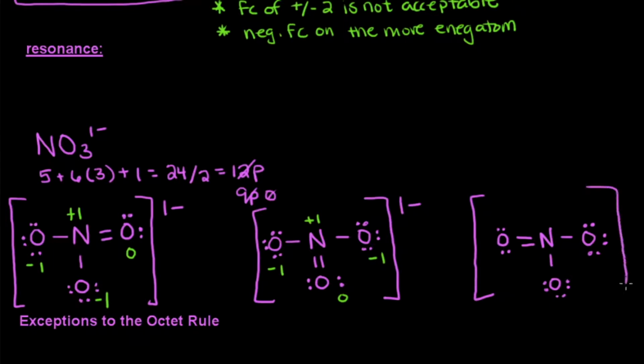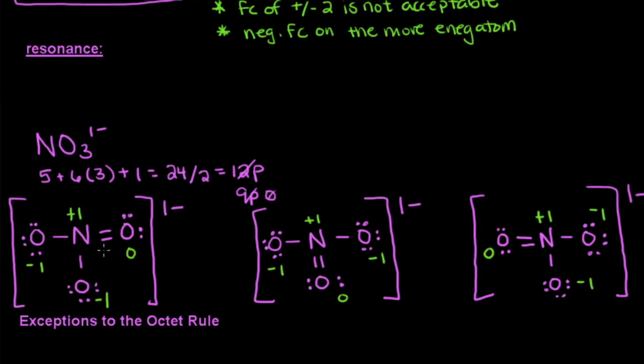Okay, my brackets and my charge. And finally, my formal charge. 0, +1, -1, -1. Here's the deal. The reason why we had to draw all 3 structures is because it turns out that when I look at this molecule at the molecular level, it does not have 1 double bond length and 2 single bond lengths.